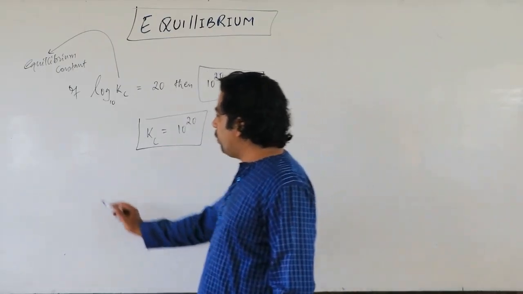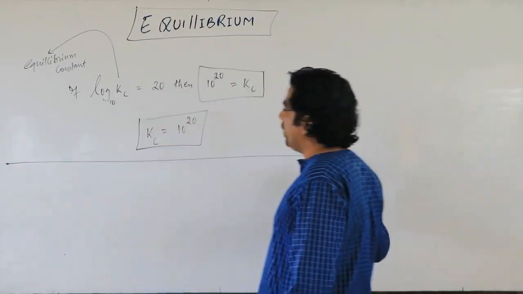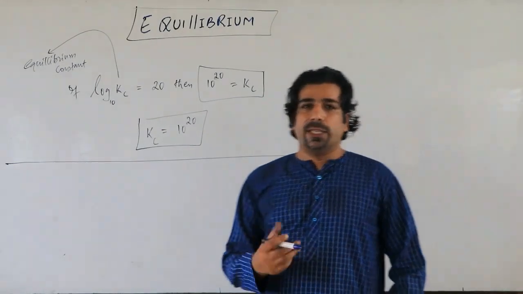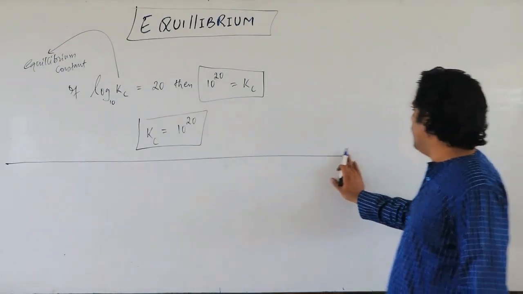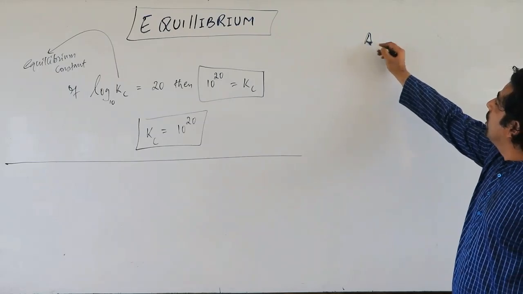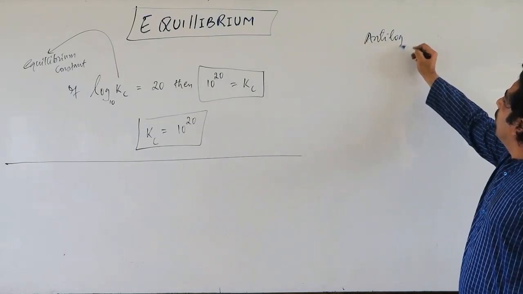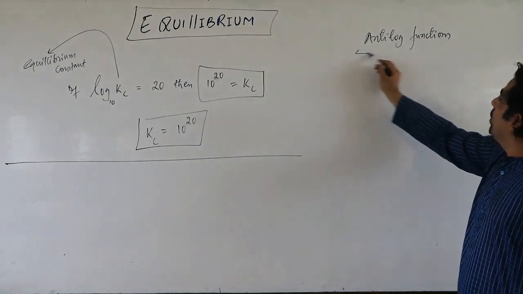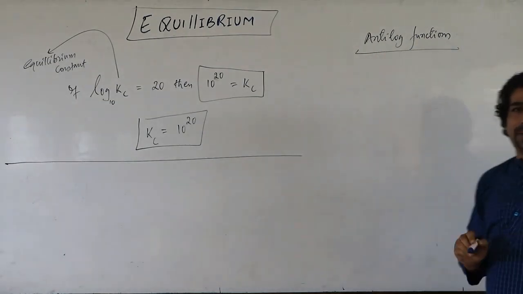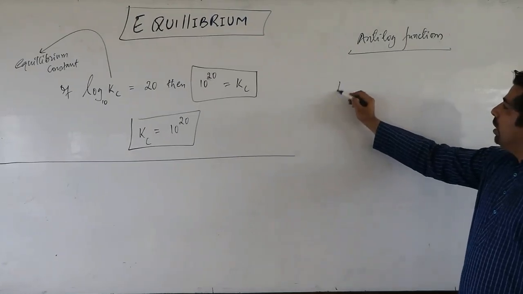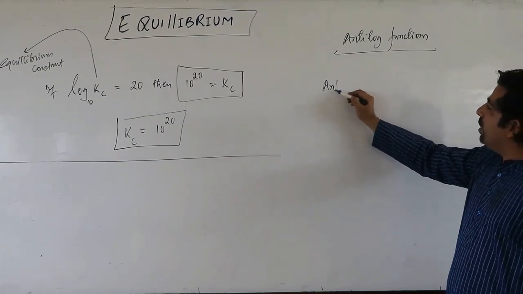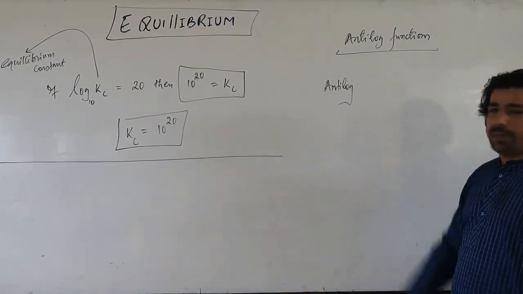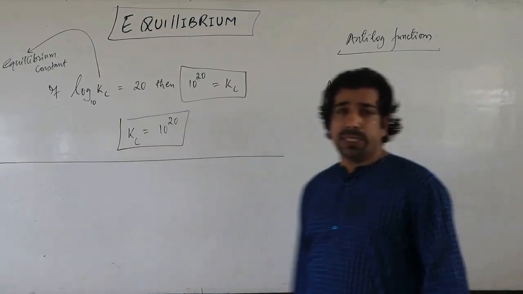Now we will go for, after this, antilogs. Okay, let's write down antilog functions here. Antilog functions. Please remember this. Have a look here. Let us suppose I have antilog. Now you have to decide.